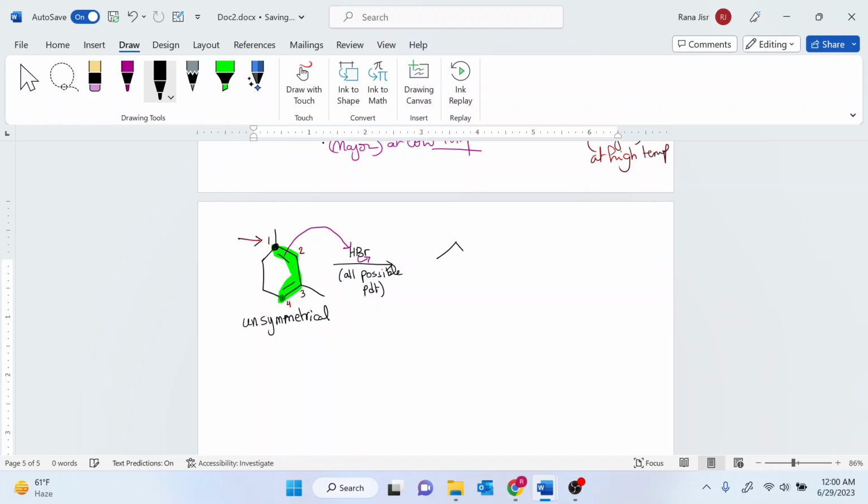So now my hydrogen is going to be forced to be on this carbon. Why? Because I need my plus charge to be on this carbon so that it's allylic to this double bond. And this is my target, okay? I always want to form the most stable carbocation.